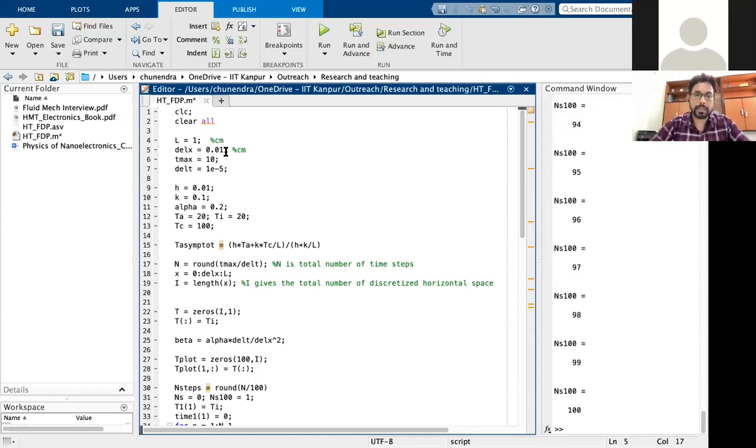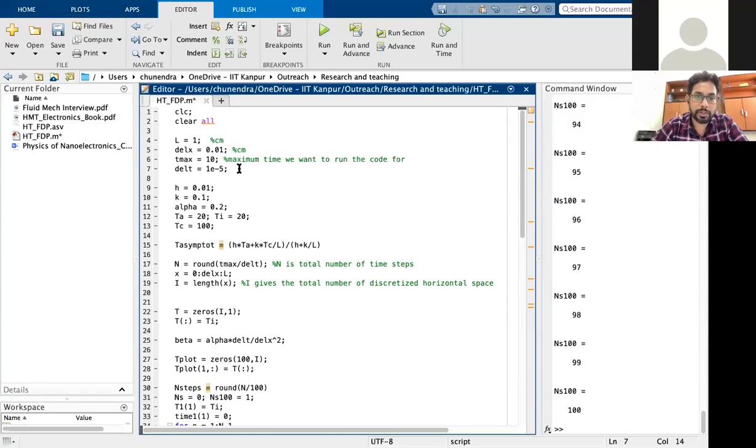Okay, total 100 grids, and then we have T max, that is the total time, the maximum time we want to run the code for. Then delta t, that is the time spacing between each increment.